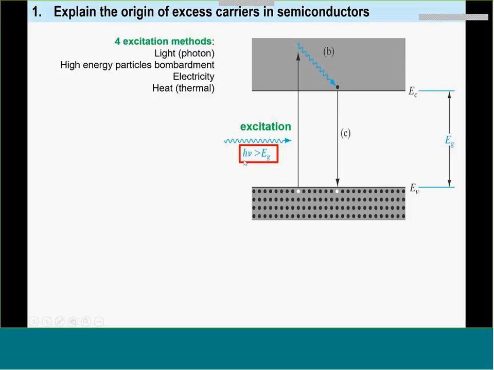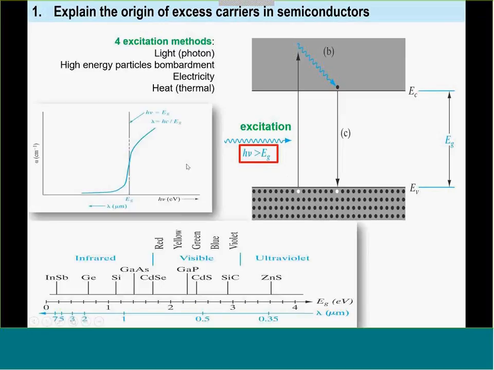Basically, as I said just now, the energy that's going to be absorbed, h nu, must be greater than the E gap. Why is it so? If we look here at absorption, alpha is the absorption coefficient, and this one is the energy.